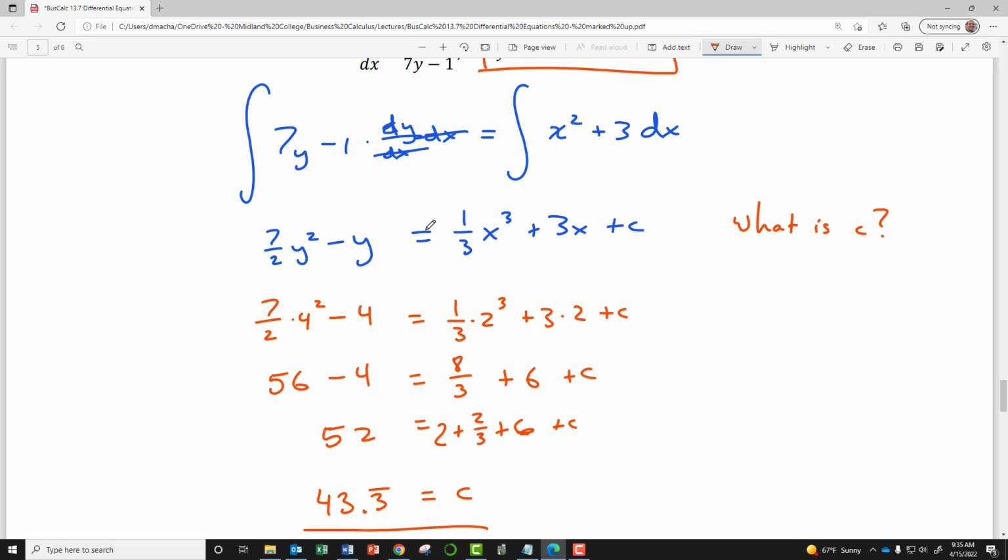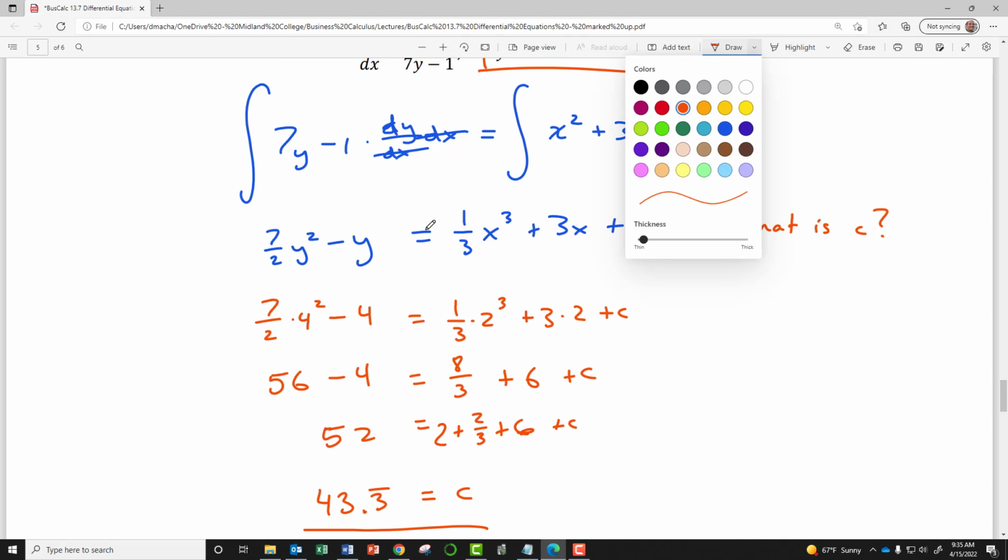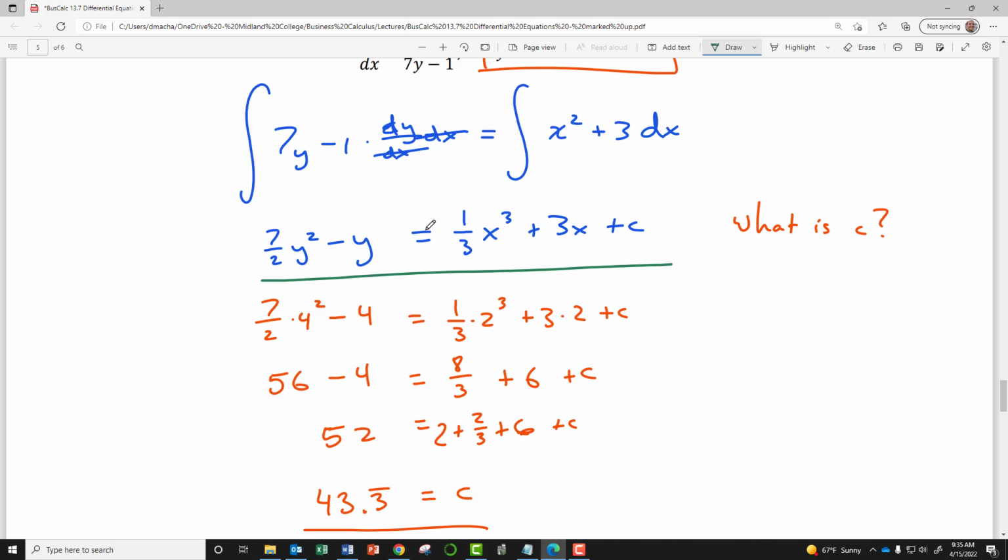Okay, so then plugging in this value for c, I get 7/2 y squared minus y equals 1/3 x cubed plus 3x plus 43 and 1/3. So let's just visualize this in Desmos really quick. You'll notice I didn't explicitly solve for y.